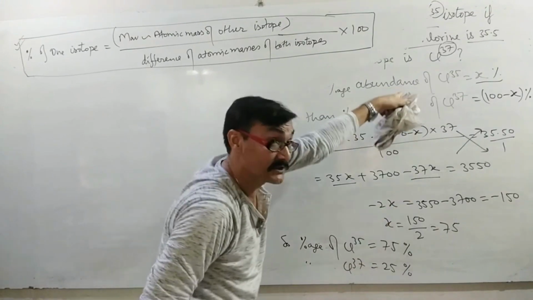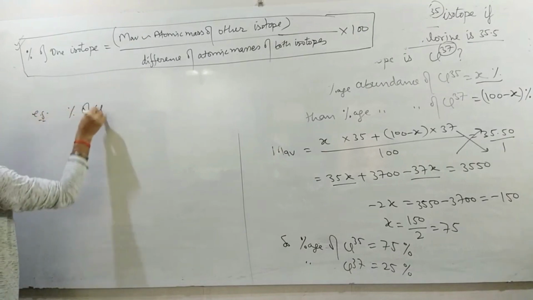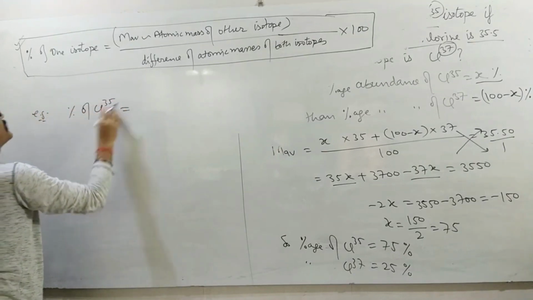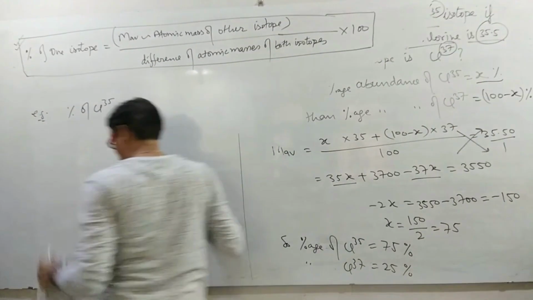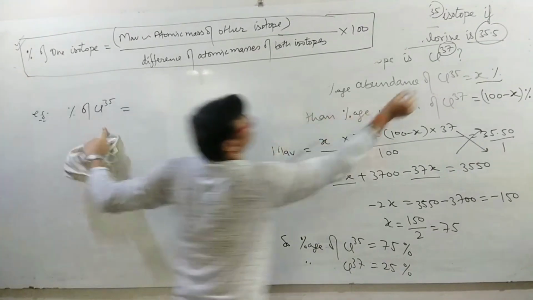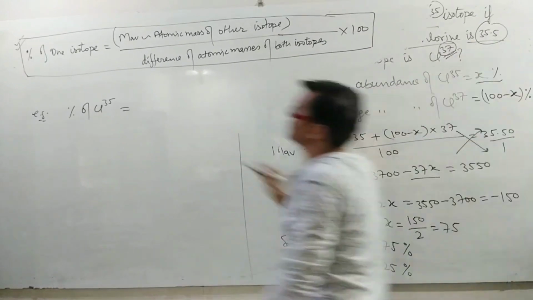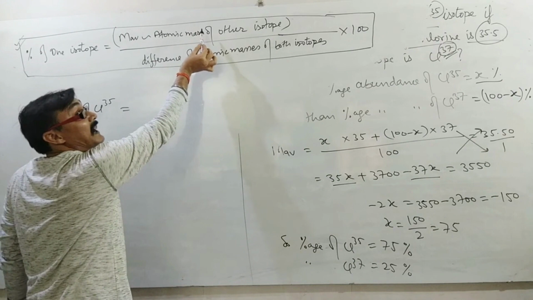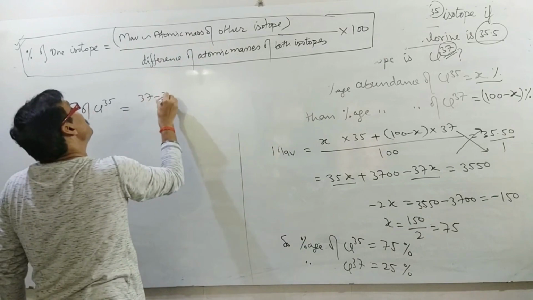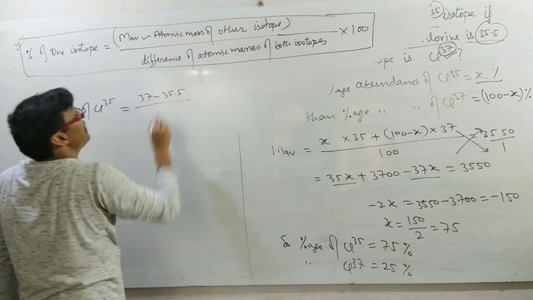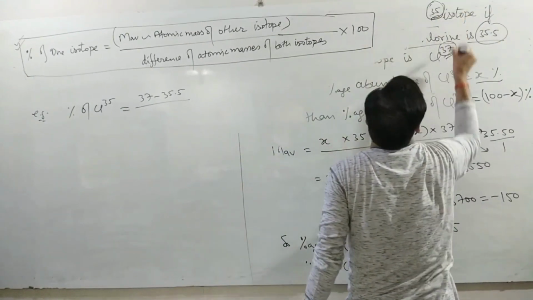For example, for this question, the percentage of Cl35 is equal to the average atomic mass, which is given as 35.5, and the atomic mass of the other isotope, which is also given, 37, which is the larger value, so 37 minus 35.5, higher minus lower, divided by the difference of masses of both isotopes, the masses of isotopes 35 and 37.